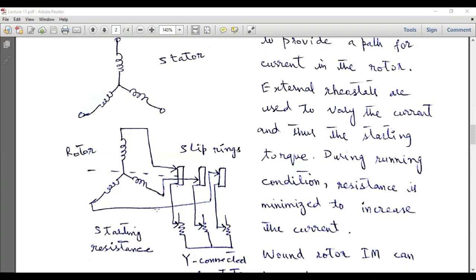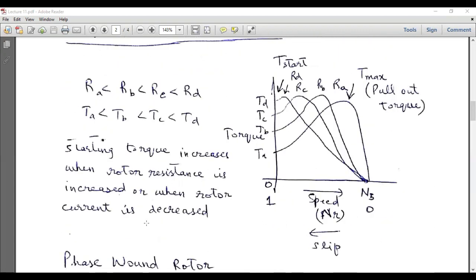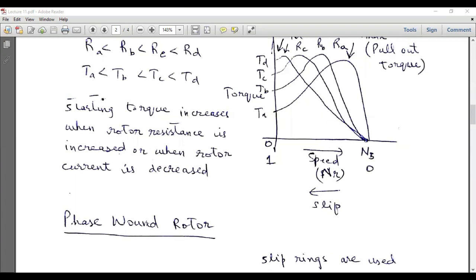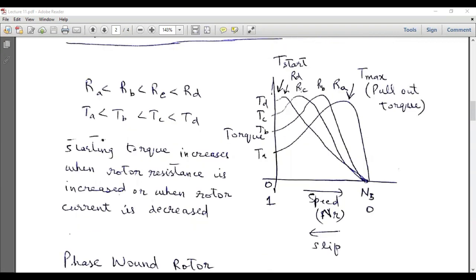Whenever the motor is stationary, we will increase this series resistance for all the three phases to get higher values of the rotor resistance, and that highest value of rotor resistance will give the highest starting torque. But from these characteristics, we can see that a higher value of rotor resistance is good for achieving high starting torque, but the running torque will be small for higher values of rotor resistance.